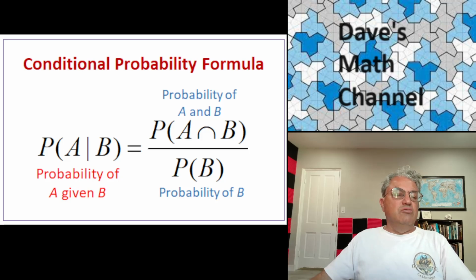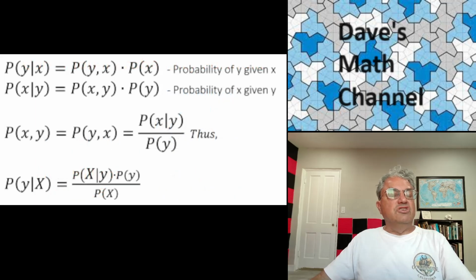But what's interesting is this is a very easy formula to derive. And here's the definition, written in a slightly different form. Instead of writing A and B, they say the probability of y given x. You can write it in two different ways. You can write it as the probability of y and x times the probability of x, but then you could also write the probability of x given y as the probability of x and y times the probability of y.